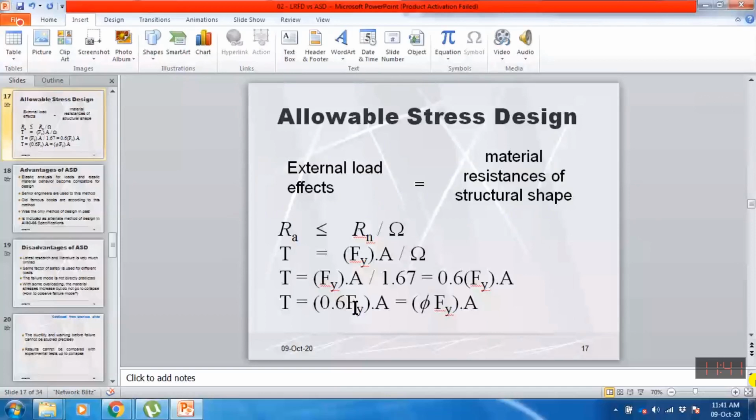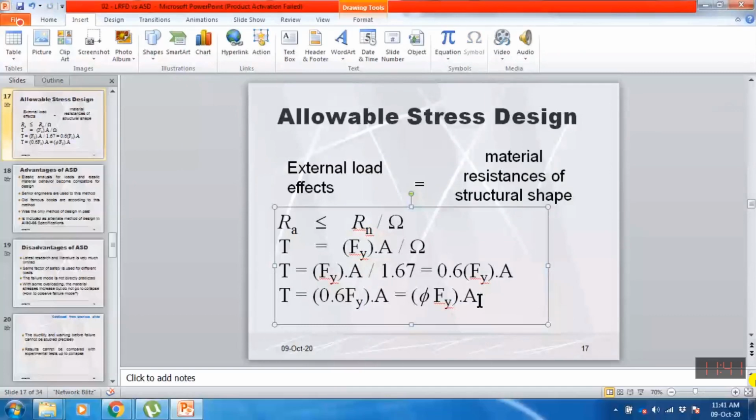Because in this equation, for example, if I know the applied load T and the area is unknown, because I want to select the structure shape, then this equation will be like that: area will be equal to T over 0.6 Fy.